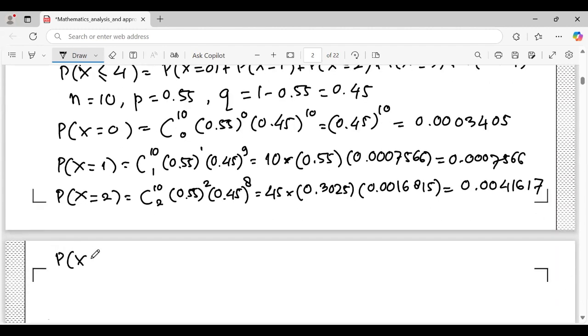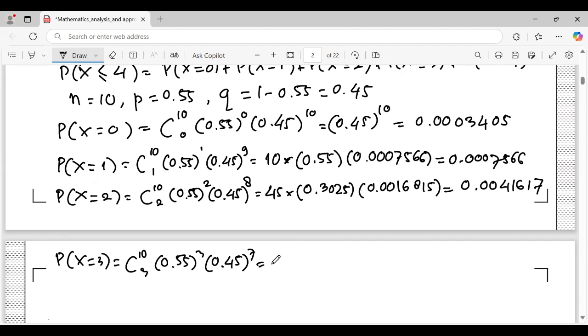Probability x equals 3. Combination 10, 3, times 0.55 cubed, times 0.45 power 7. Wait, we calculate first.